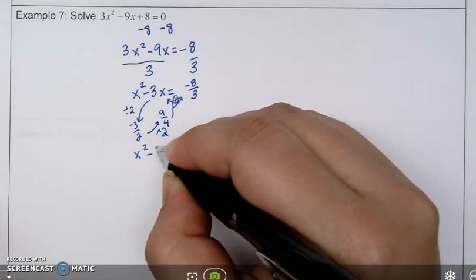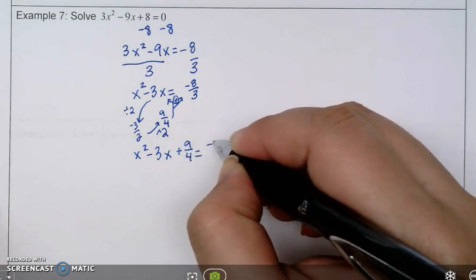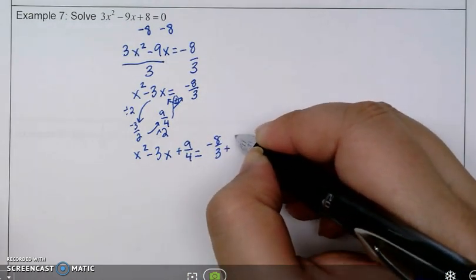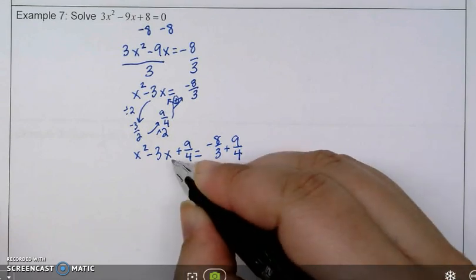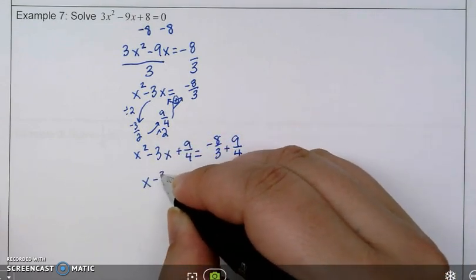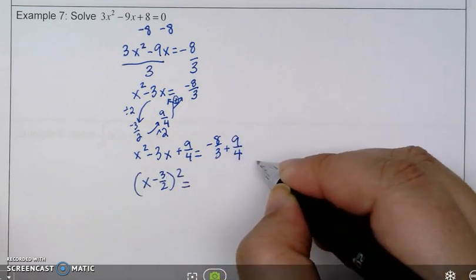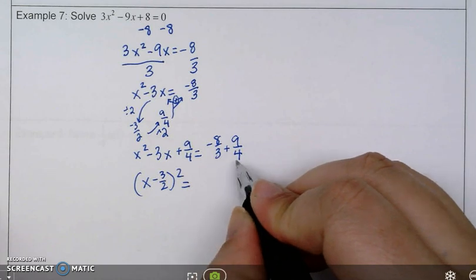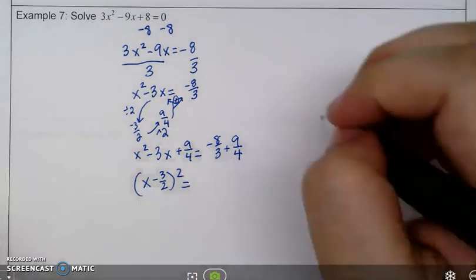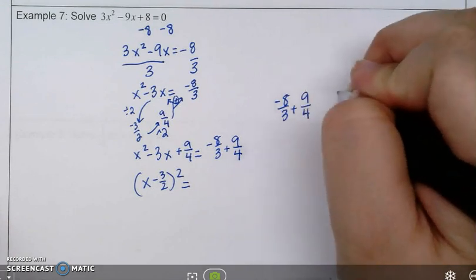X squared minus 3x plus 9 fourths equals negative 8 thirds plus 9/4. Looking at the left-hand side, this is a perfect square trinomial, x minus 3/2 squared equals, now on the right side I have to add these fractions. In order to add fractions, I have to have an LCD. So negative 8/3 plus 9/4, I'm going to do it over on the side.